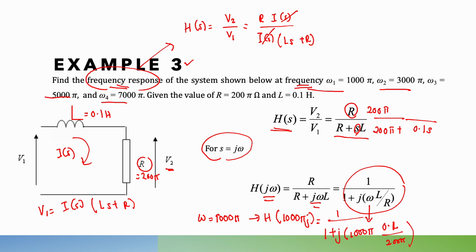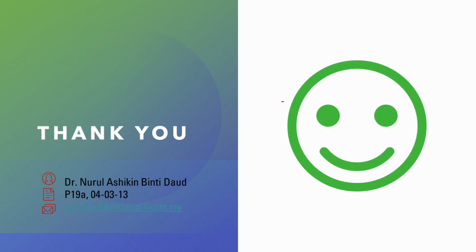I leave it to you to solve. You just have to replace the value of omega with 1000 pi, 3000 pi, 5000 pi, and 7000 pi.